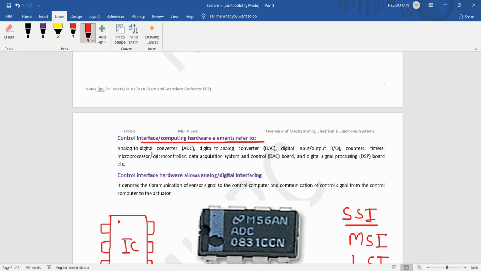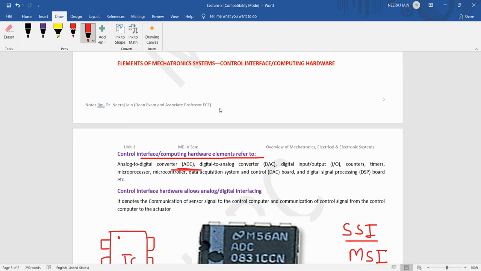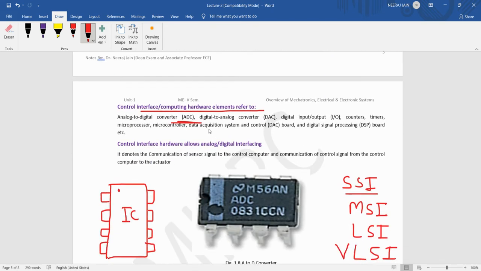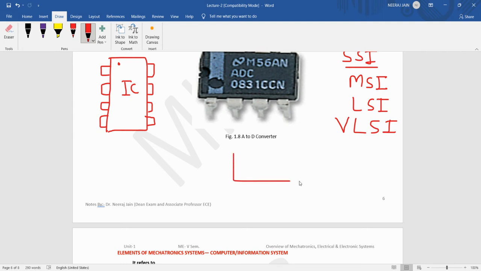We also use suitable interface hardware like the ADC, that is the analog to digital converter, because our computer understands only digital signals.